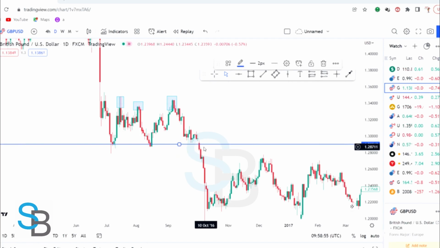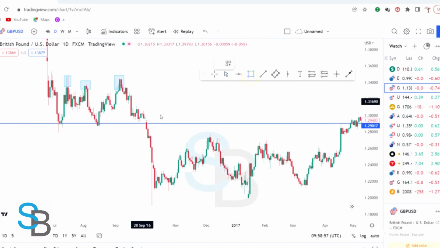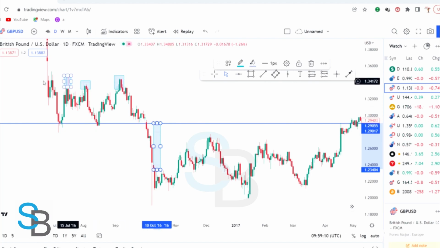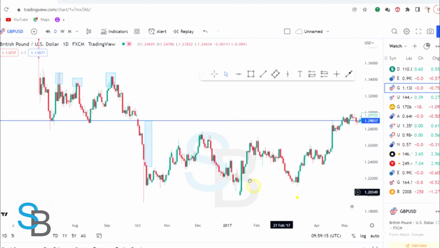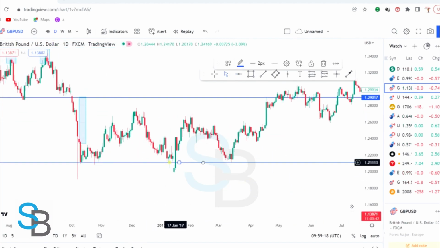Then it breaks the neck region, and we can see that it has made approximately the same height, even more than it made between the neck region and the top of the triple top.